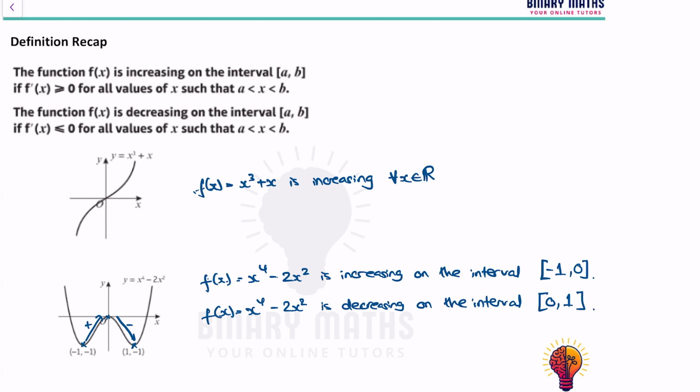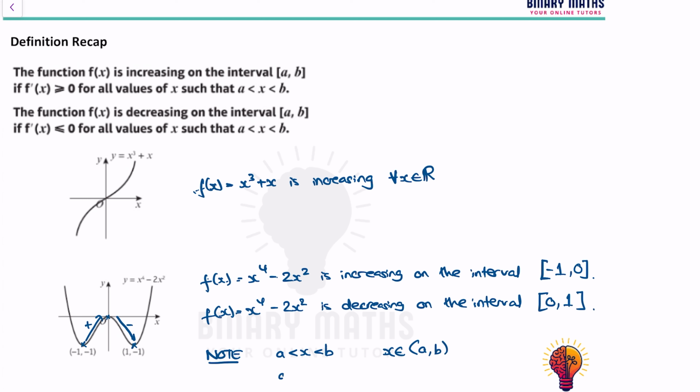Just a word of warning, if you have something that is a is less than x, which is less than b, then that is represented by rounded brackets. So because a and b are not included in this inequality, then x is an element of (a, b).